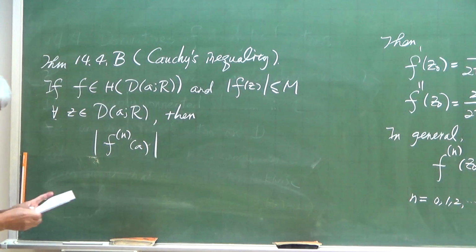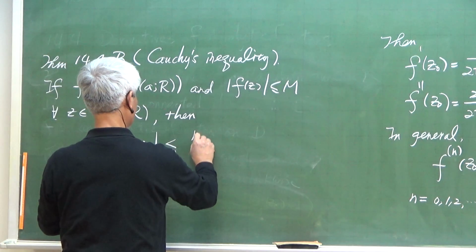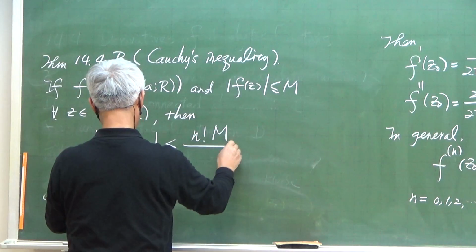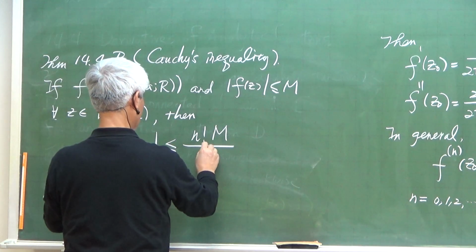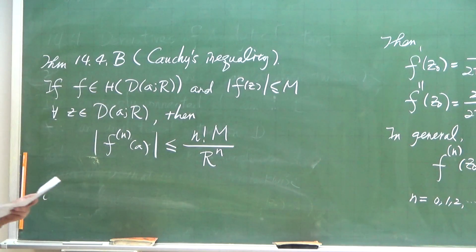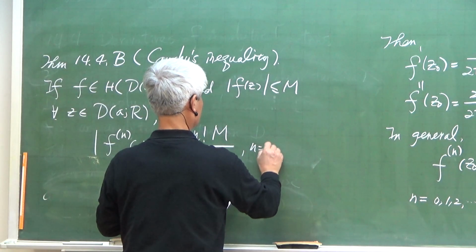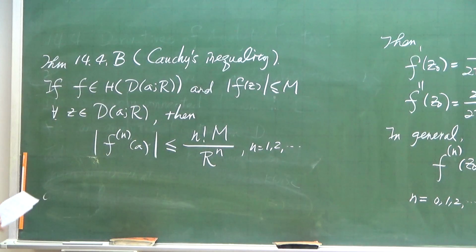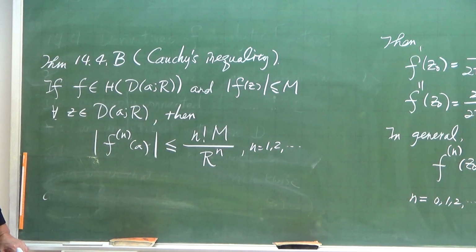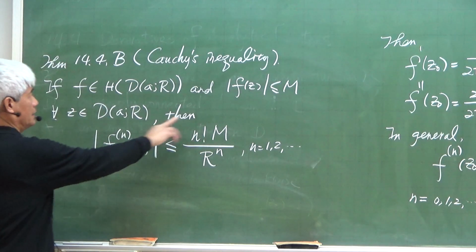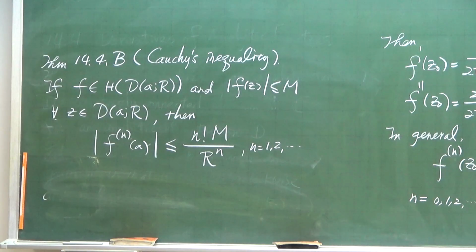This estimate is n factorial times big M, the upper bound, divided by r to the n, for any n. Quite often it is a good estimate for applications.